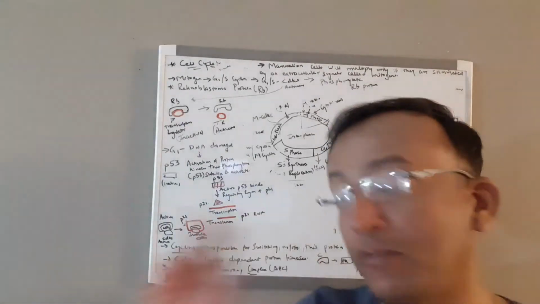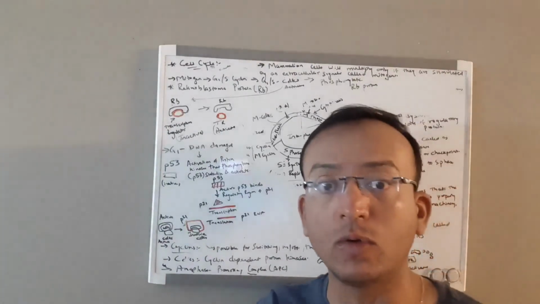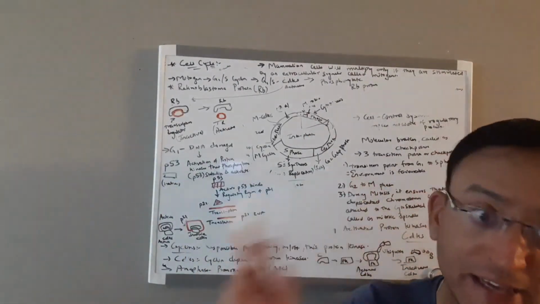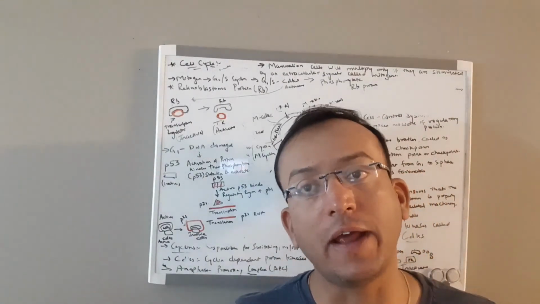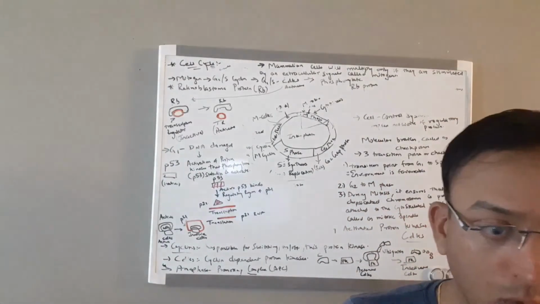And if this protein P53 is missing or defective, what will happen? The unrestrained replication of damaged DNA leads to a high rate of mutation and production of cells that tend to become cancerous, right?